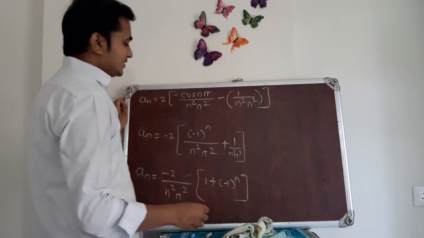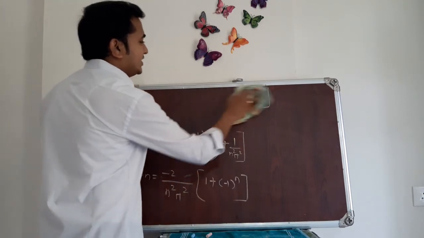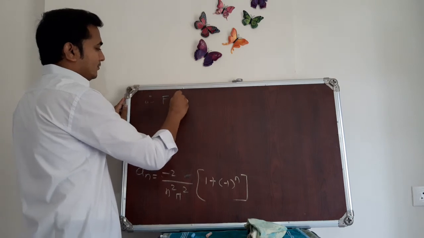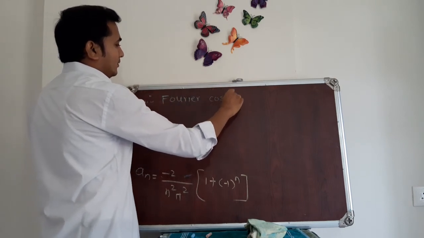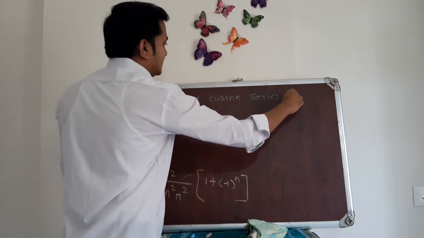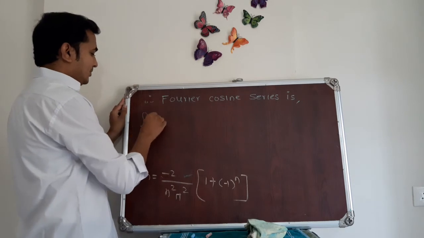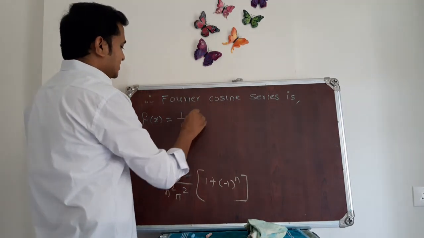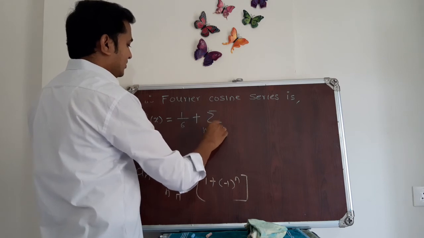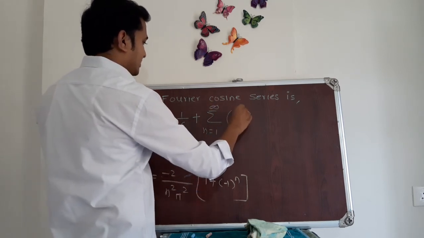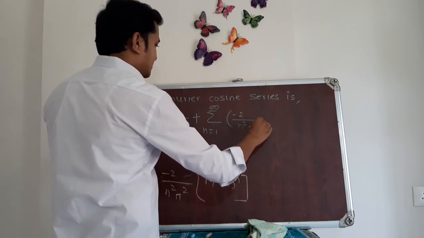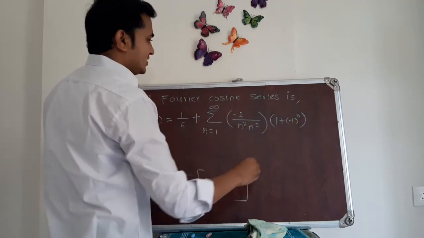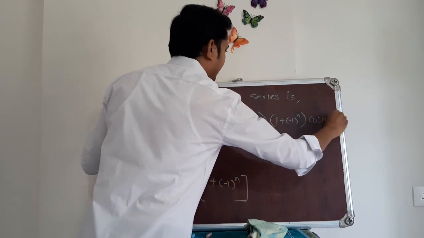So Fourier series becomes, all right, so at the end Fourier cosine series is, therefore Fourier cosine series is f of x is equal to a naught by 2, but a naught was 1 by 3, so 1 by 6 plus summation n running from 1 to infinity an, that is minus 2 upon n square pi square into 1 plus minus 1 raised to n cos of n pi x.